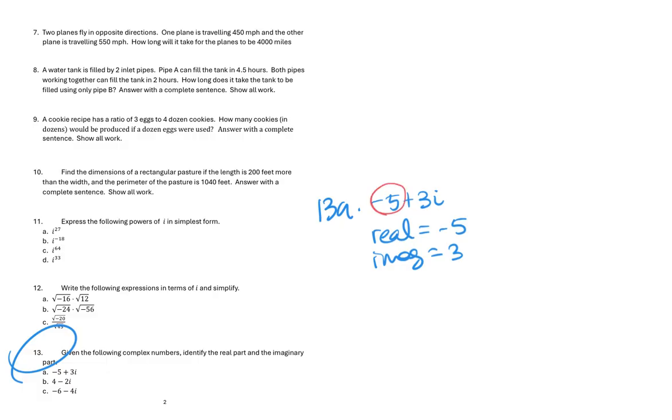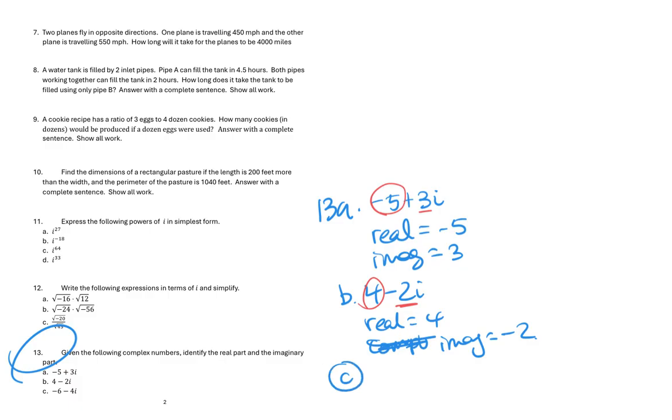So negative 5 and then 3. 13 part B is 4 minus 2i. So the real part is the 4, and the imaginary part is the negative 2. On C, we're looking at negative 6 minus 4i. So the real part is negative 6, and the imaginary part is negative 4.